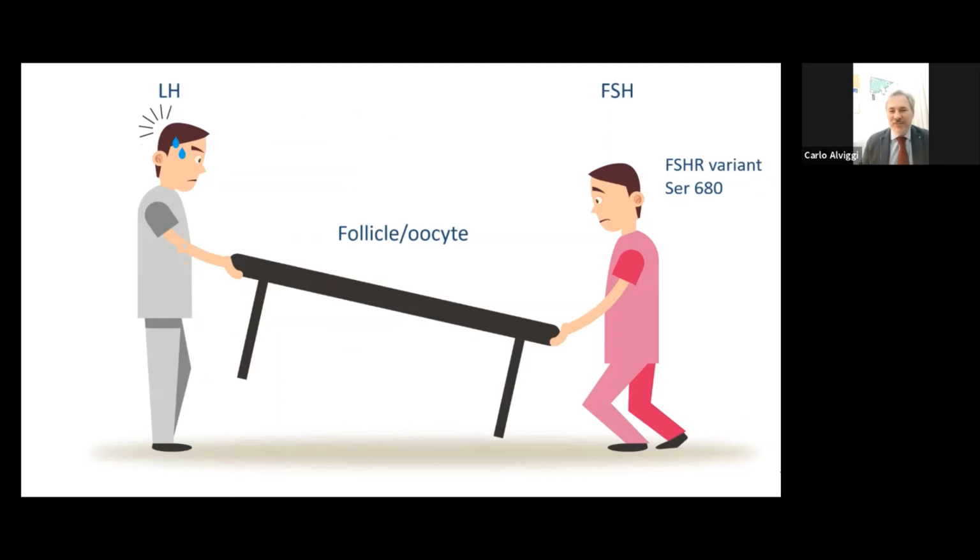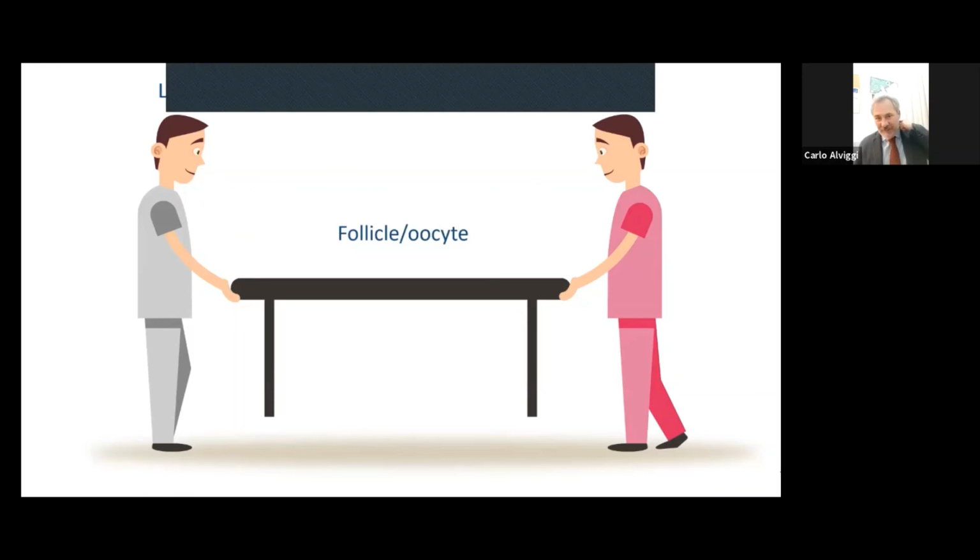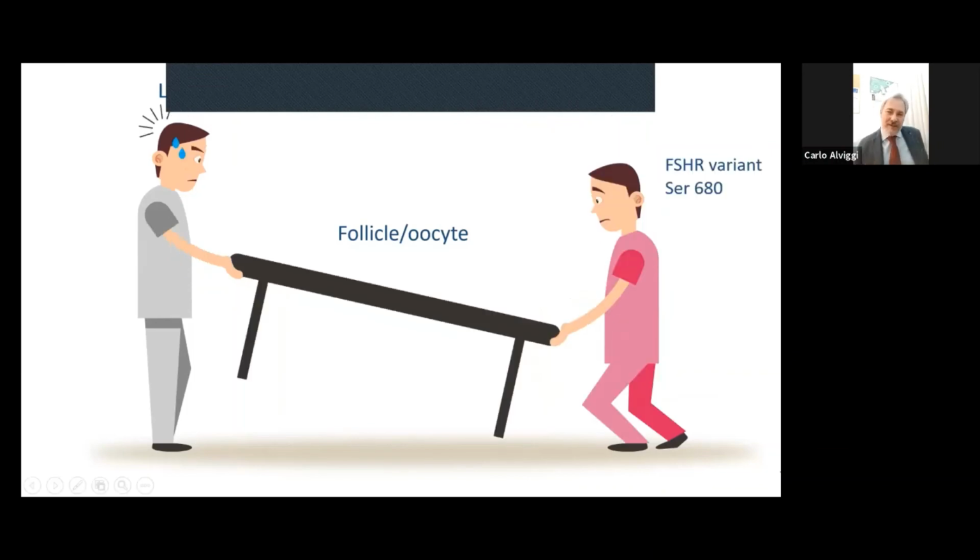This is a nice way I use to say that LH and FSH in granulosa work together like moving a table from one room to another. So if the two guys are healthy and very strong, no effort is there. But if one of the two is weaker, meaning that the FSH polymorphism is there, the other one has to work more, or you need to give more FSH from outside.